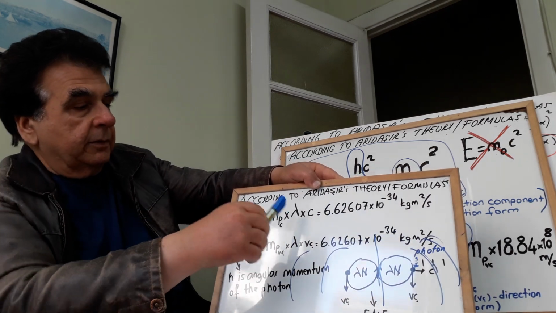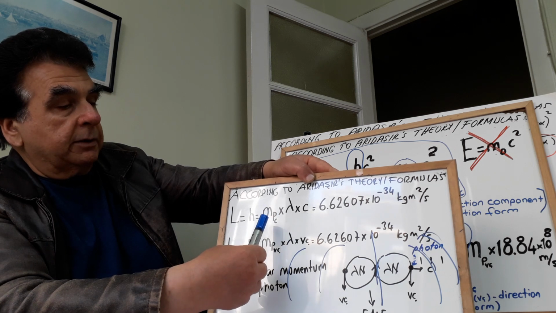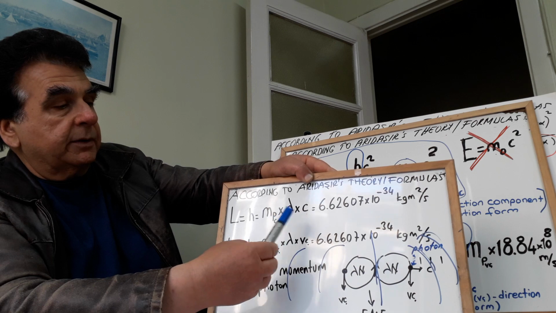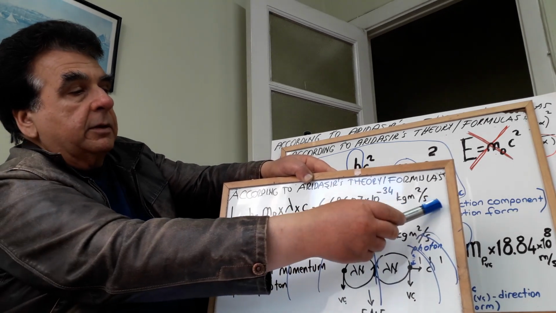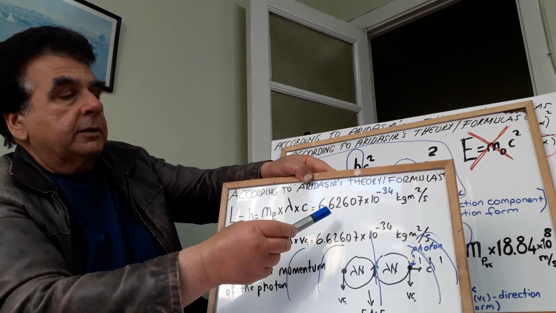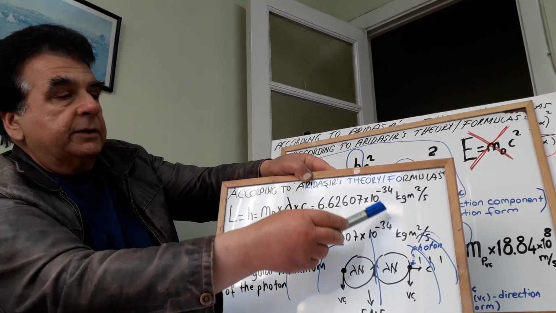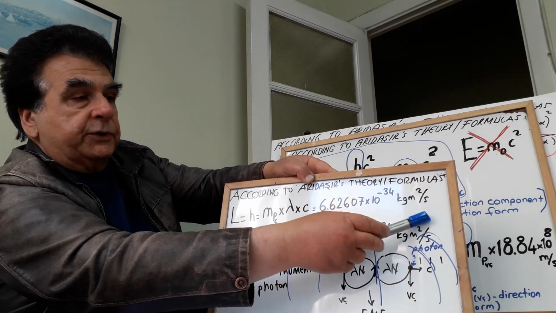When we multiply mass, speed of light direction, mass, wavelength of electron, and speed of light, we gain 6.626 times 10 to the minus 34 kilogram meter square per second.